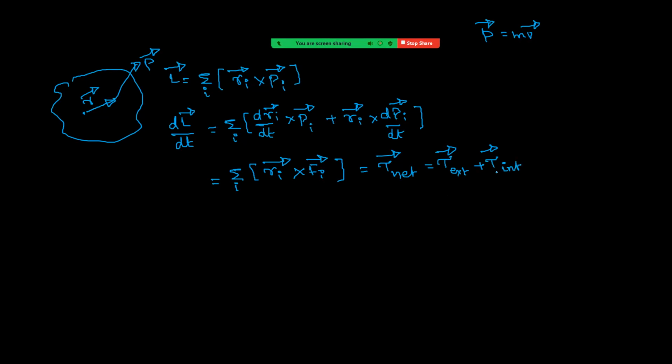And we know that the sum of the torques due to internal forces becomes 0. So the net torque is nothing but the net external torque, because the net internal torque becomes 0. So net external torque, or simply net torque, is equal to dL bar by dt.